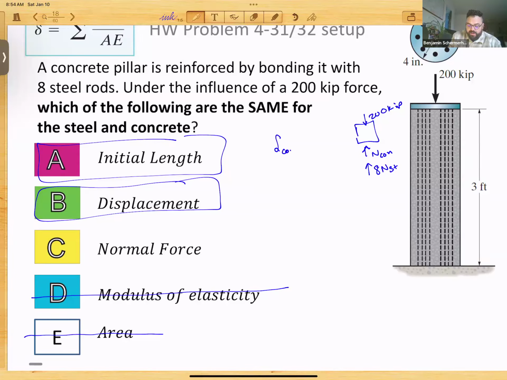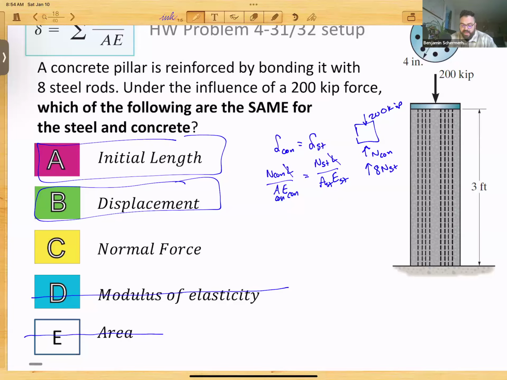But looking at one rod, the concrete and the steel, if we just assume that they're different, N concrete times L over AE for the concrete. And then if we think about one steel rod, the normal force in one steel rod over the area of one steel rod times the modulus of elasticity of steel.